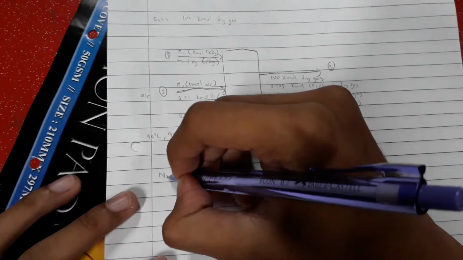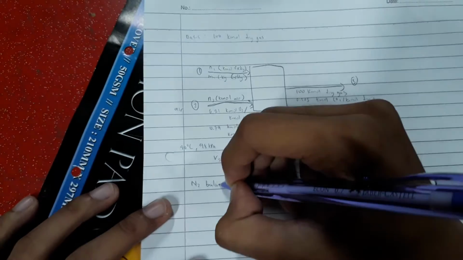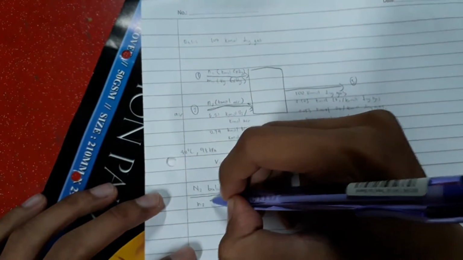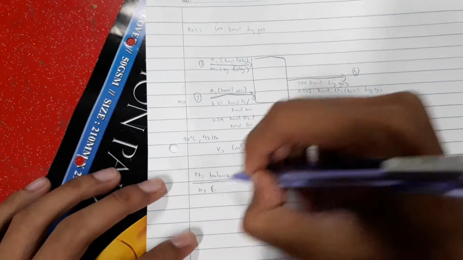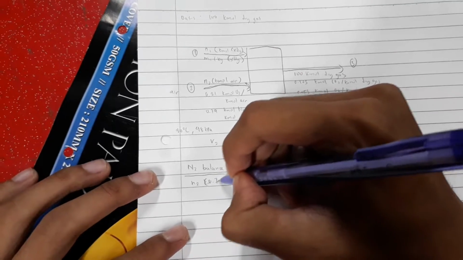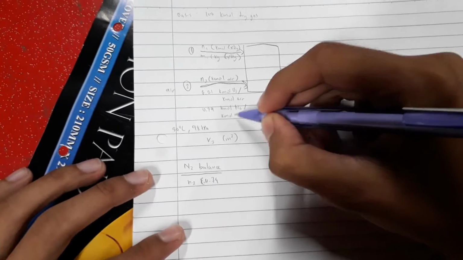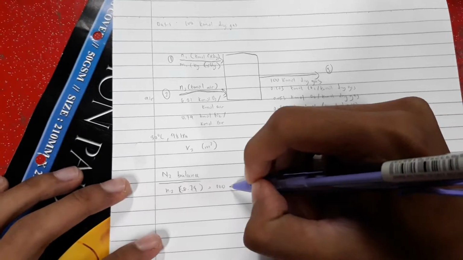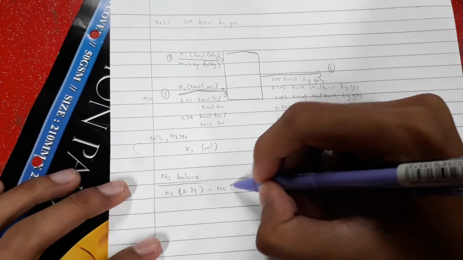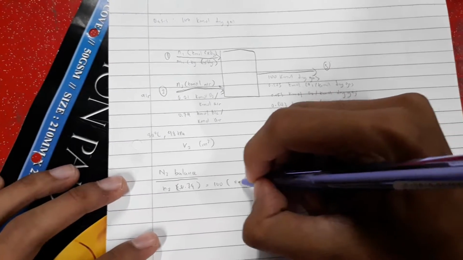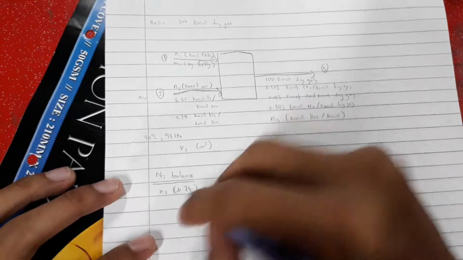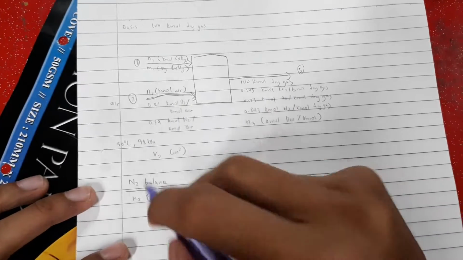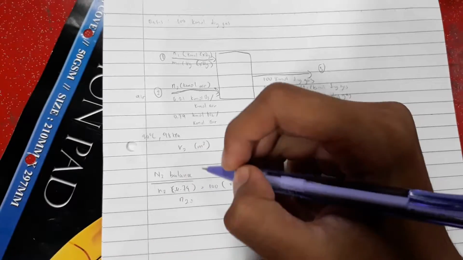So we do the nitrogen balance: N2 kilomole times 0.79 kilomole nitrogen per kilomole air equals 100 kilomole dry gas times 0.843.